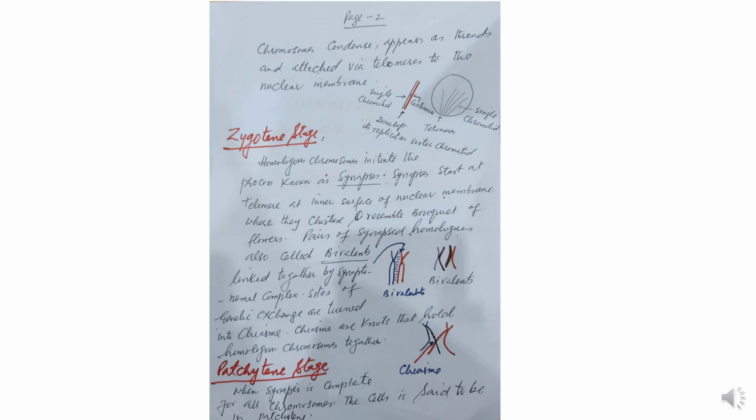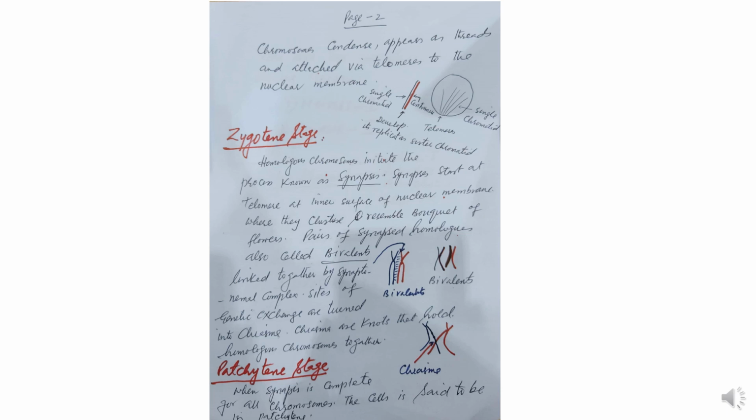When synapsis is complete for all chromosomes, which means that these were the 46 chromatids, they develop their sister chromatids to change into chromosomes instead of chromatids, and the total chromosomes were 46.